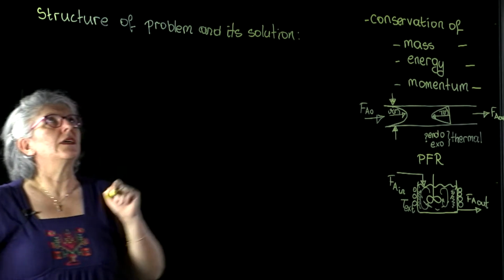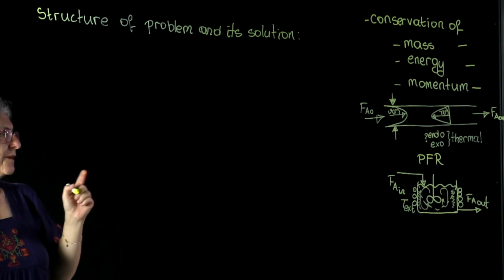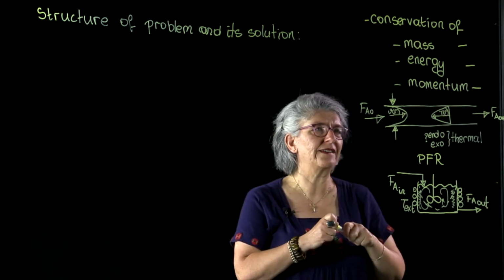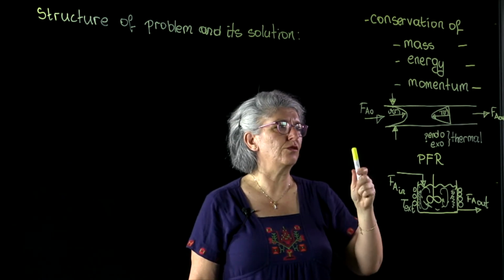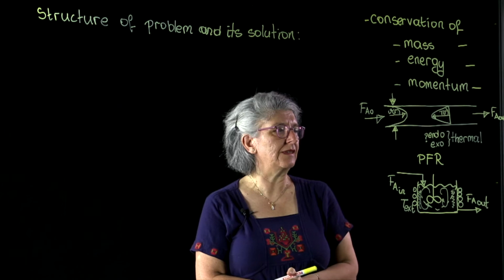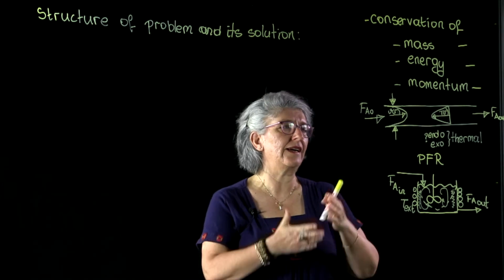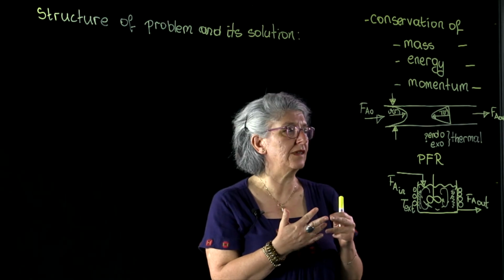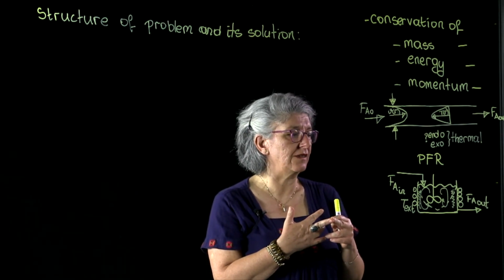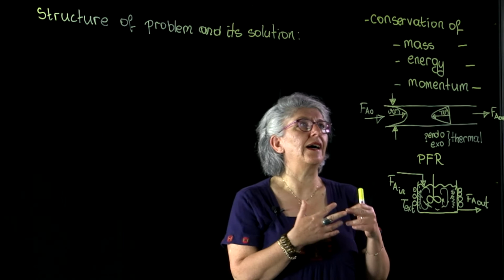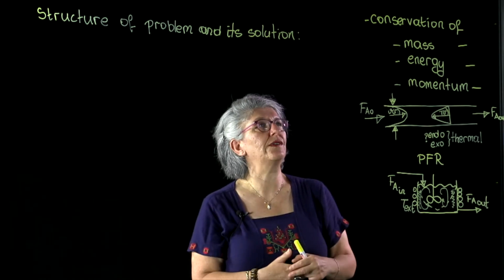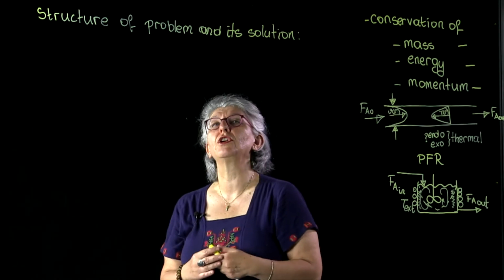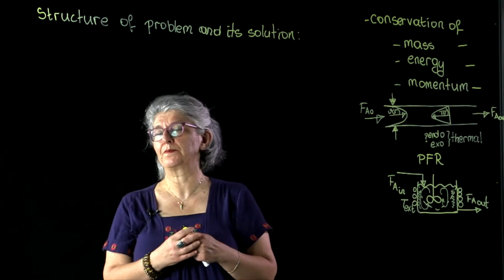The structure of the problem is reflected on the side of the board. We have a reactor that is no longer operating under ideal conditions. That is a non-ideal reactor with velocity gradients, temperature gradients, and concentration gradients. How are we going to relate it to conservation laws, and how are we going to solve these problems?